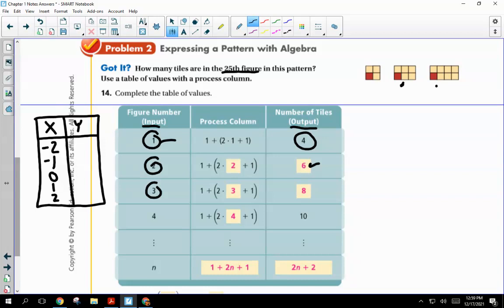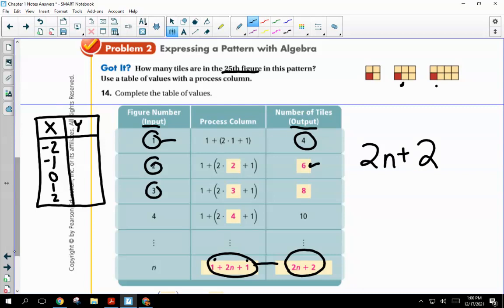So the process column is 1 plus 2n plus 1 right there, every single time. Number of tiles in the output, you can see here it's 2n plus 2. They just added these two together, this one and this one, to make this 2. So your formula, your expression, is 2n plus 2. So n is the number of the figure.